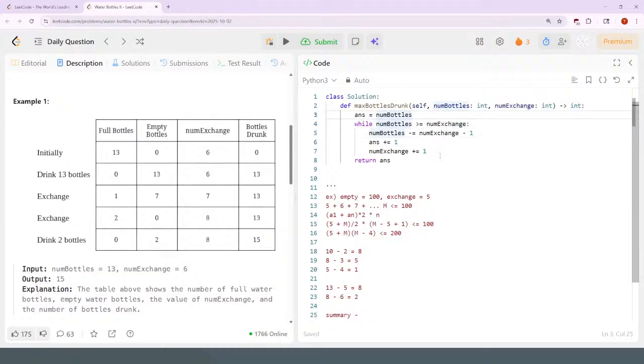I think maybe I can do something like, I just did something like, remove this and maybe have an original exchange. And then the answer is equal to, I guess I want to store both the original exchange and the original number of bottles.